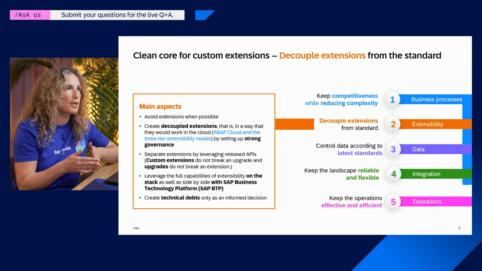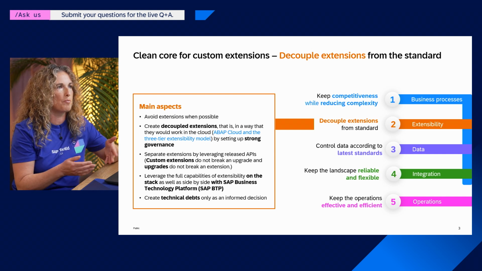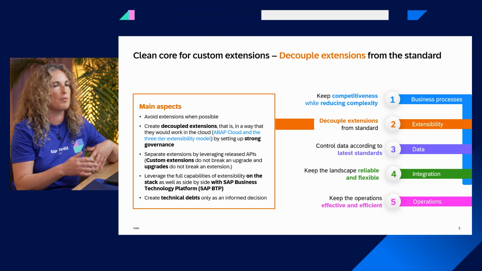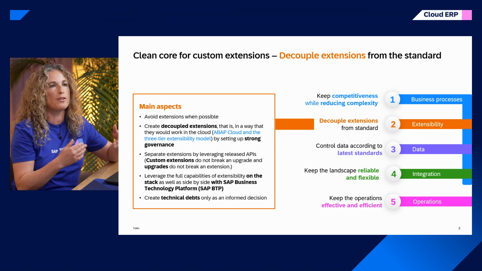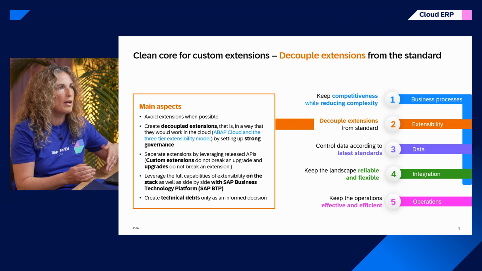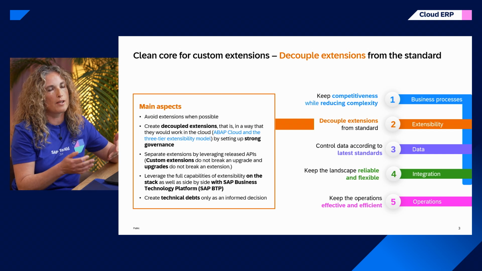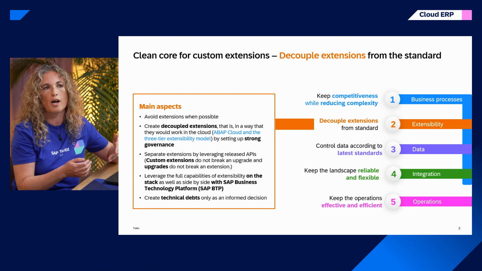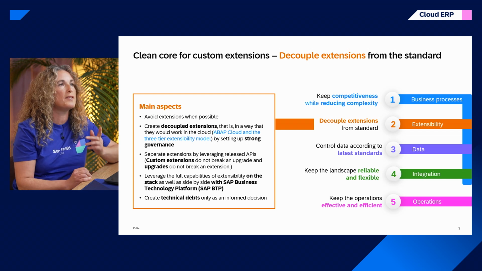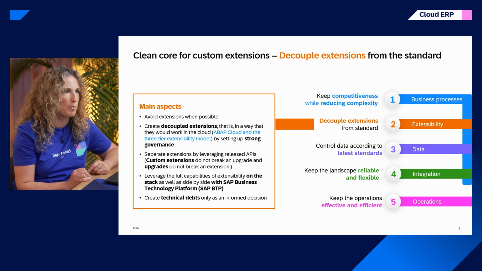And therefore, in most cases, you developed your custom code using classic extension methodologies, like, for example, creating modifications, enhancements, and in that way, your custom extensions became unstable in some cases, and it resulted in high testing and adaptation effort during upgrades. Of course, ideally, to keep your system stable, you should avoid extensions as far as possible.